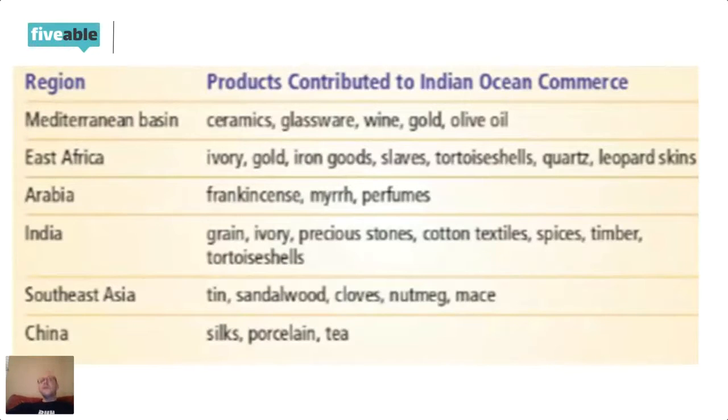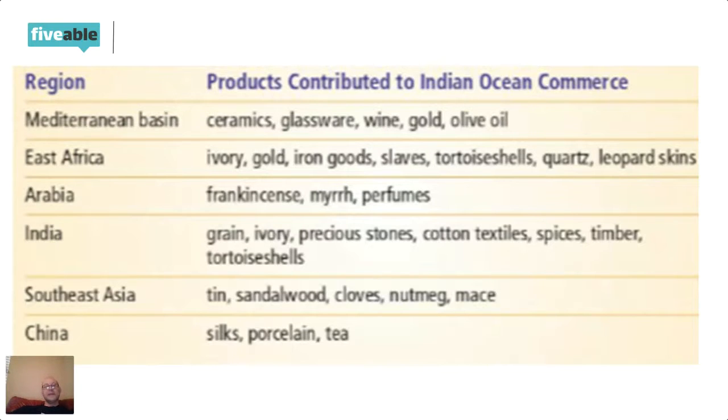Okay, so here are a few things that you can just sort of check off in your brain a little bit. Maybe know one from each region if you can, because it'll go a long way on the AP exam. Again, as an AP reader, when I'm reading LEQs, DBQs, SAQs, I'm looking for specific things like frankincense, ivory from East Africa, olive oil from the Mediterranean, because those are specific pieces of evidence that can support your arguments.